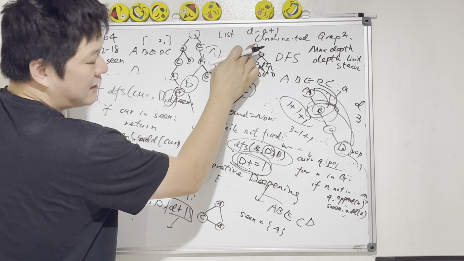Which all have 2 children, right? Yeah? Look, if this depth equals 1, 2, 3, how many leaf nodes are there? How many nodes in depth equals 3? 1, 2, 3, 4, 5, 6, 7, 8. Yeah, 8. So it's actually 2 to the power of n, right?